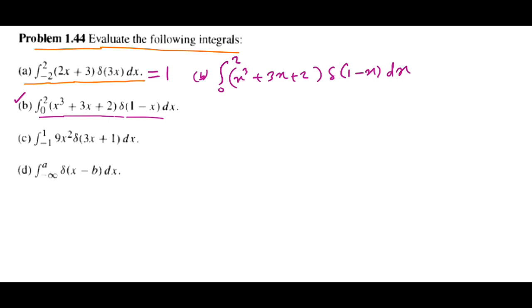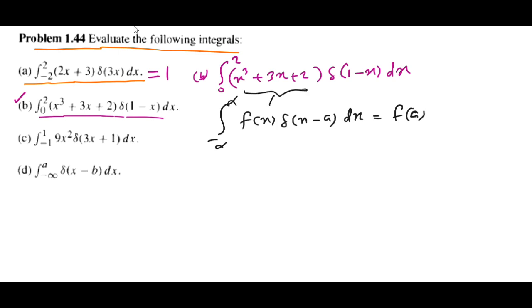Here the standard equation takes this form: minus infinity to infinity f of x delta x minus a dx is equal to f of a. If we compare these two equations, this is nothing but our f of x, that is f of x can be written as x cube plus 3x plus 2, but if you compare delta x minus a, here we have delta 1 minus x.